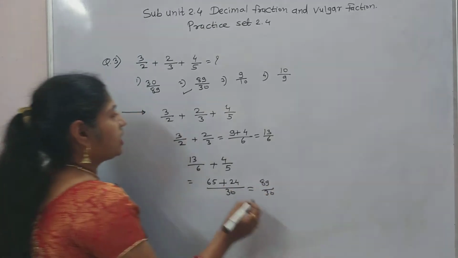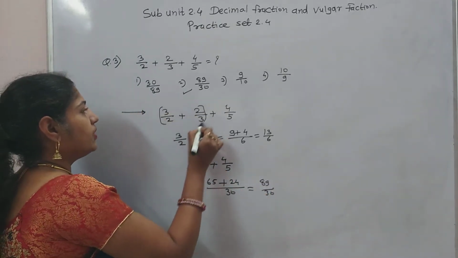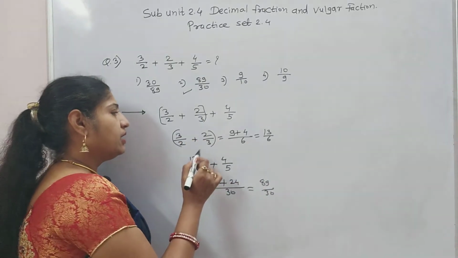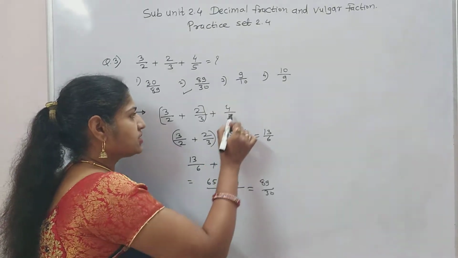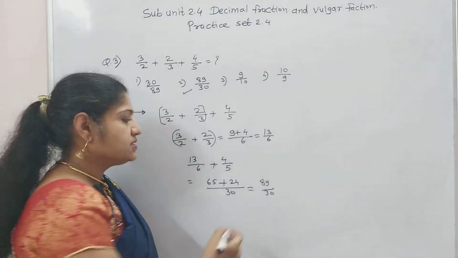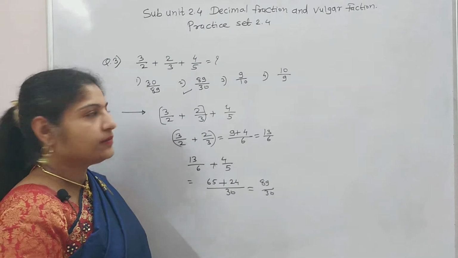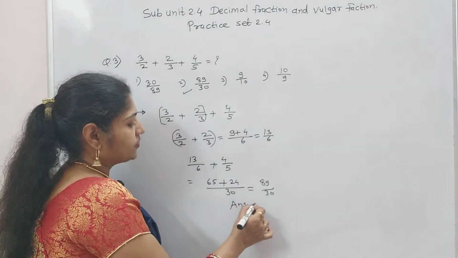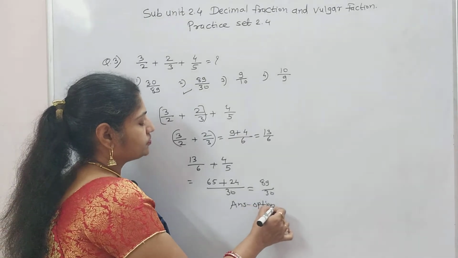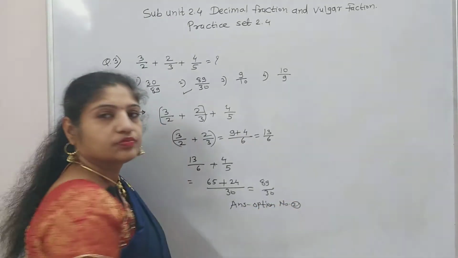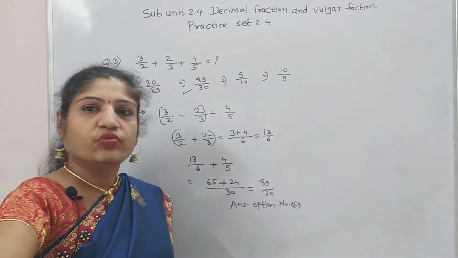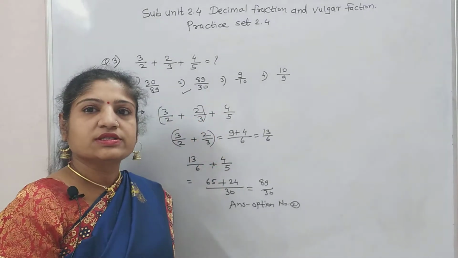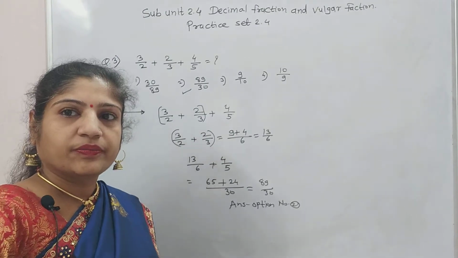In this case, I first add only two numbers and the answer is 13 upon 6. Then adding the third number, the answer is 89 upon 30. Option number 2. Do as you wish, either at one time, or add two numbers first, then add the third number.